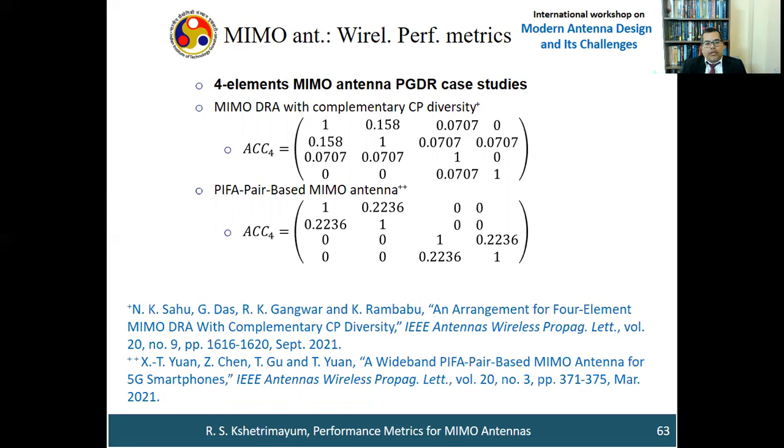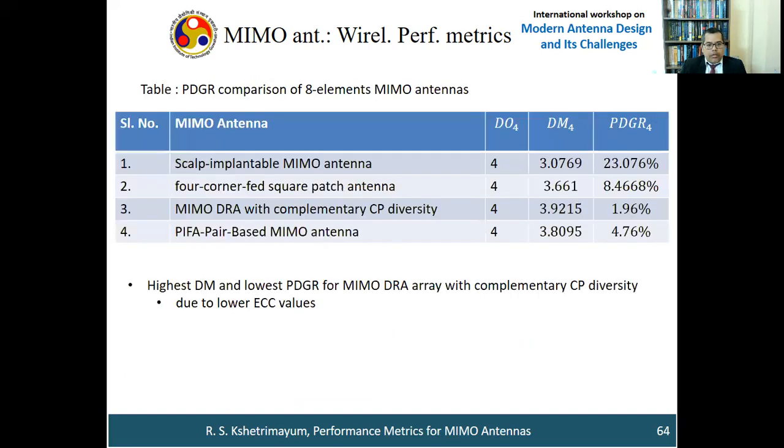We have also other case studies, 2 more case studies. One is MIMO DRA with complementary CP diversity, and another is a PIFA pair-based MIMO antenna. Their SCC matrices are obtained from the ECC values reported in this paper.